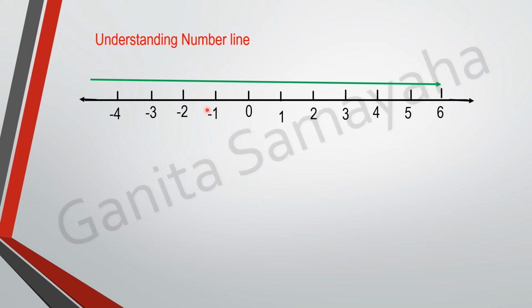Isn't it? So the number to the left will be a smaller number, and any number you find to the right side of a given number will be a bigger number. Is it clear, children? Please understand this very carefully. So numbers increase as you move from left to right.